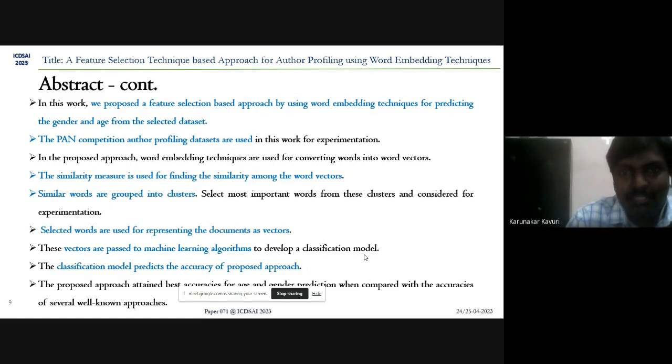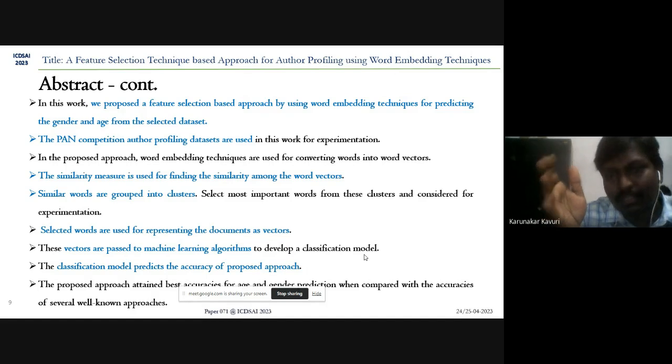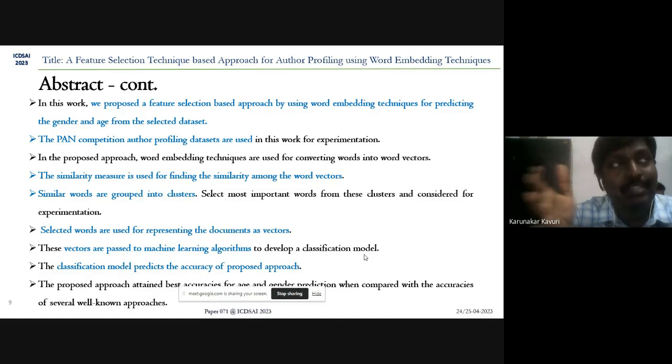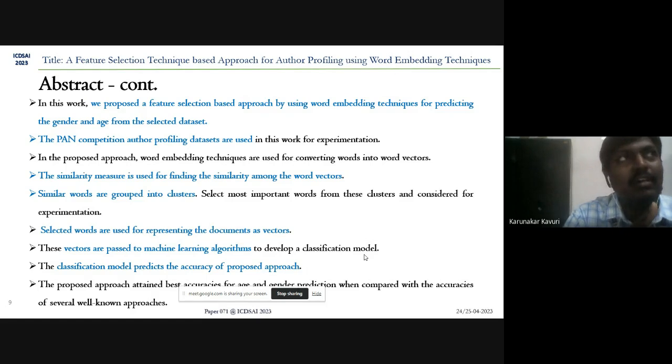The similarity measure is used to find the similarity among the words. Similar words are then grouped together, which is called a cluster. The selected words are used to represent the documents, which is called the document vector. That document vector is given to the classification model. Finally, based on some evaluation measures, we will get the accuracy. Which algorithm works well on these word embeddings, I will tell you in the later presentation.